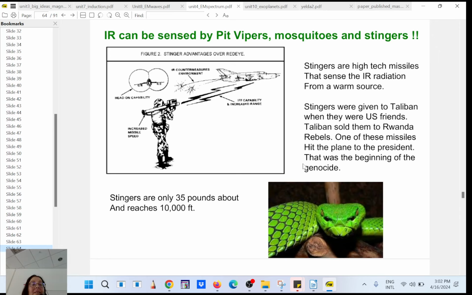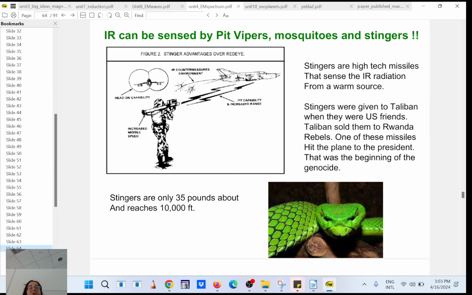That story here is from the book I was telling you about. There were stingers. It was at the time when the Taliban were the US friends. I remember, it was the Cold War, between the US and the Soviet Union. The Soviet Union were in Afghanistan, and the Taliban were fighting the Soviet Union.